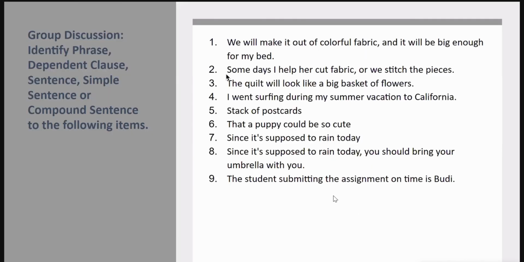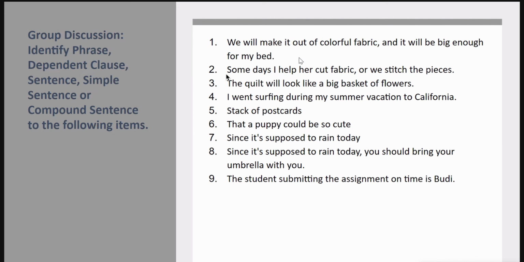Now, here there is a group discussion. Later I will put you into breakout rooms again. The directions are: you need to identify the phrase. So it doesn't have to be one by one. For example, number 1, we will make it out of colorful fabric and it will be big enough for my bed. I mean, you don't need to identify the phrase in number 1.